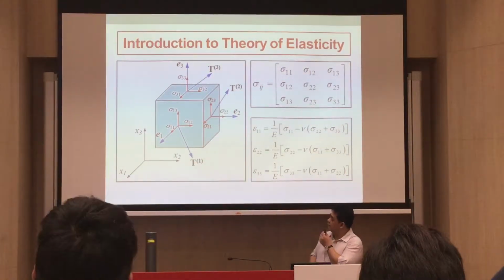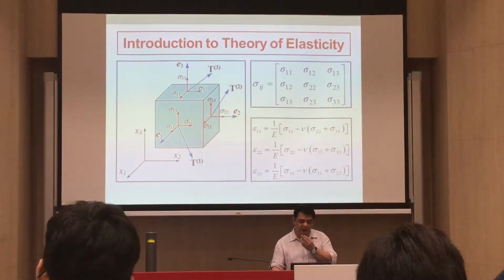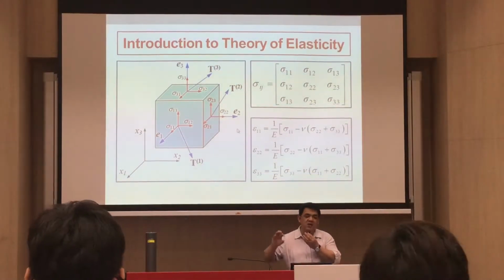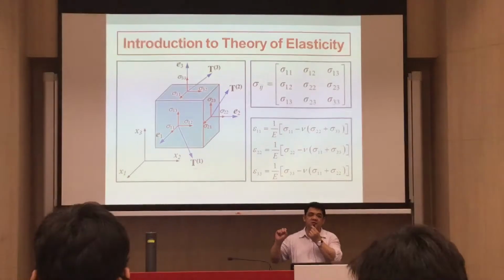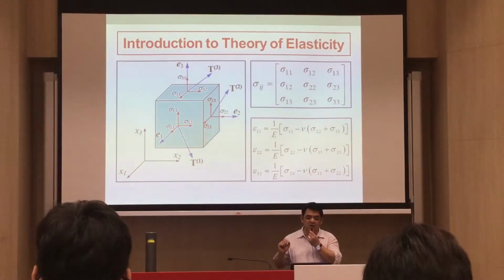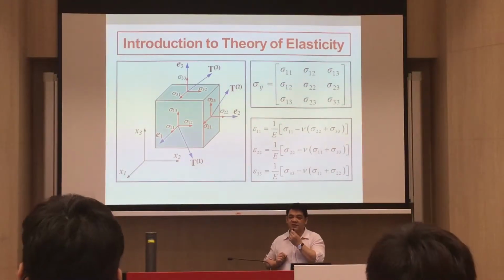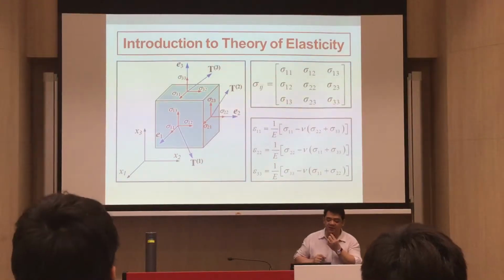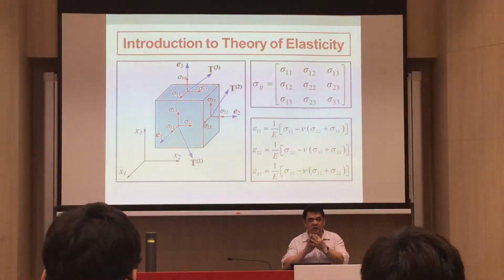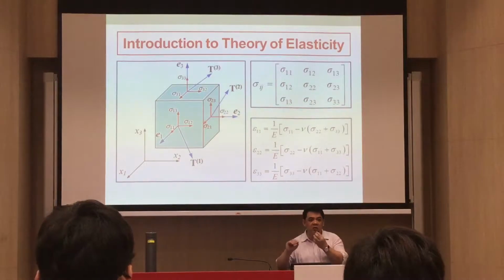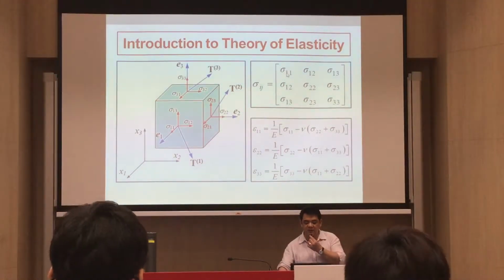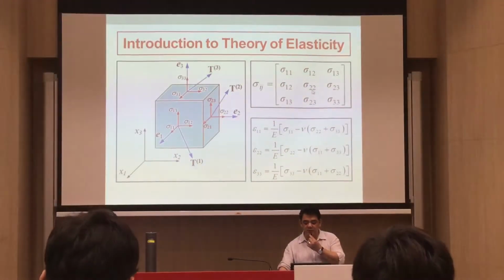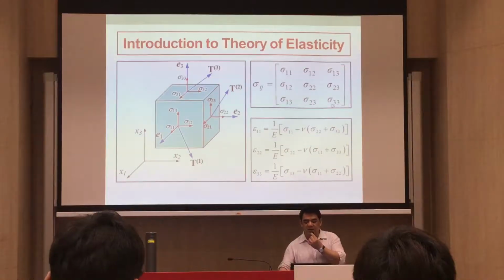Now, from this figure, you will see the infinitesimal element that is subjected to a 3D state of stress, meaning you have all the necessary normal stresses, sigma 1, sigma 2, and sigma 3, and the shear stresses.